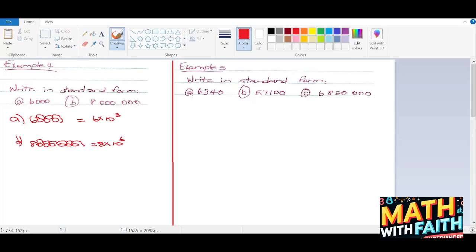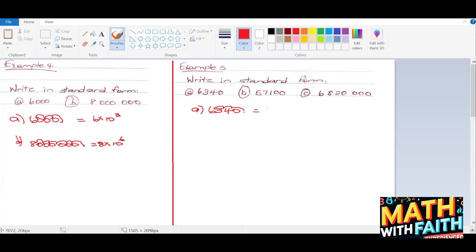Let's look at example 5. Now we have, instead of 6,000, 6,340. Again, we know the point is understood to be right there at the end. We have to move it 1, 2, 3 times to get one digit before that point.